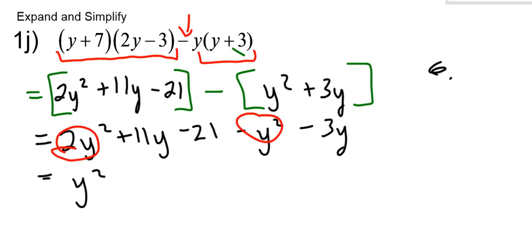Then I have 11y minus 3y. So 11y minus 3y is positive 8y. My pen isn't working, so I'm not concentrating. Okay. And then finally, -21 is all alone. Okay, so again, make sure you remember bedness, bracket times bracket, and then worry about subtraction.